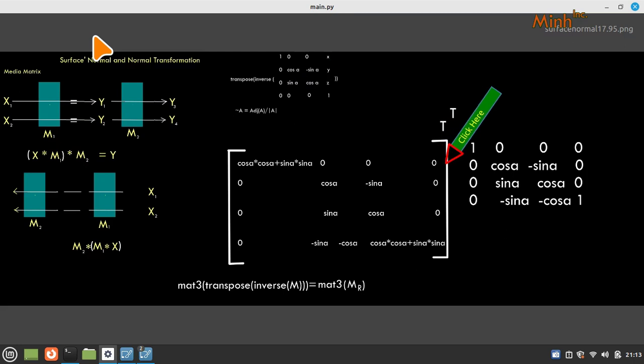I am not calculating the magnitude, the A by magnitude. So two transposes: one transpose anyway comes in the inverse, and again transpose. They cancel each other, and we get this as the transpose and inverse of this matrix.